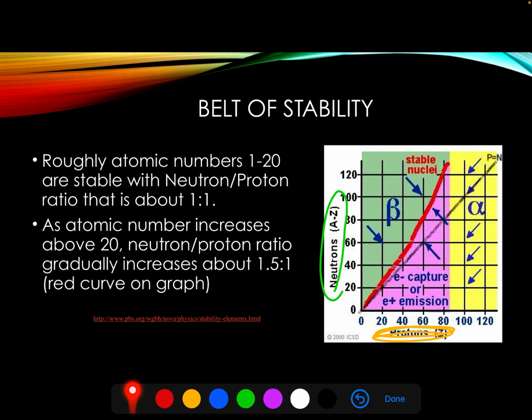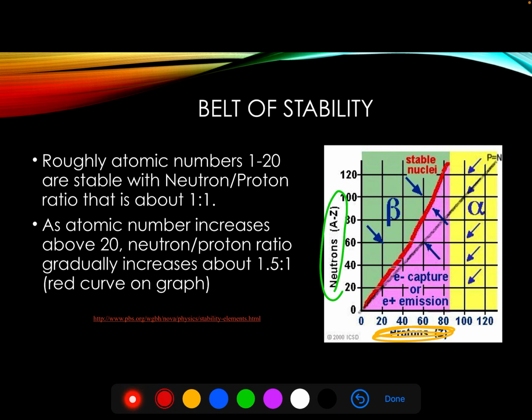This would say at element number 80, if you had 80 protons, you would have 80 neutrons if you were right here. Well, it turns out that 80 protons and 80 neutrons are not stable. They fall below this band or belt of stability. Alternatively, anything past 84 is not stable. It's past the band or the belt of stability.